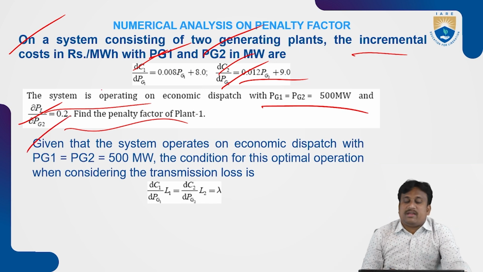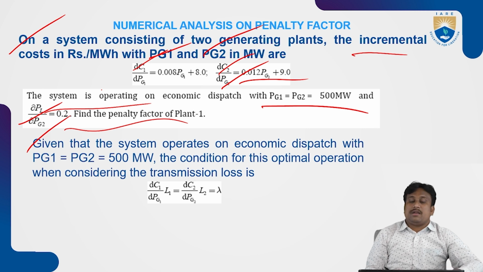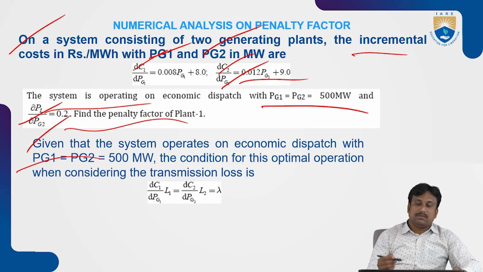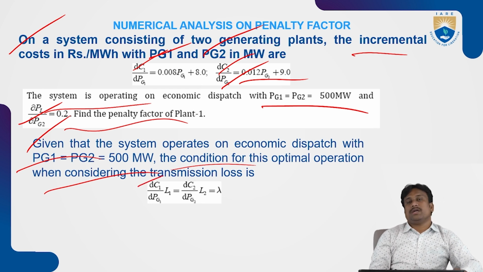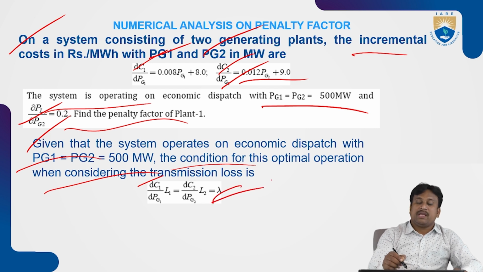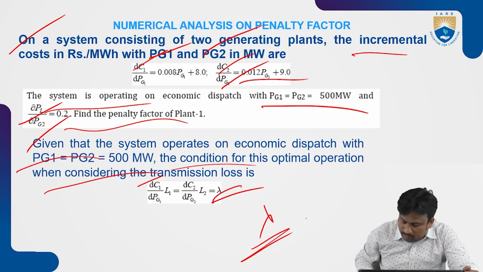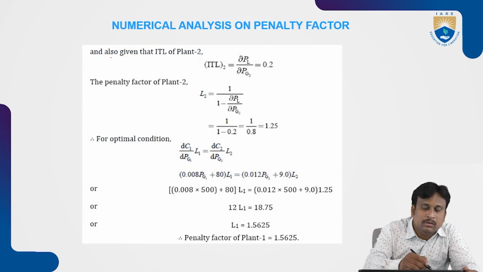The system operates on economic dispatch with both PG1 and PG2 at 500 megawatts. The condition for optimal operation when considering transmission loss is dC1 by dPG1 times L1 equals dC2 by dPG2 times L2 equals lambda, where lambda is the Lagrange multiplier.